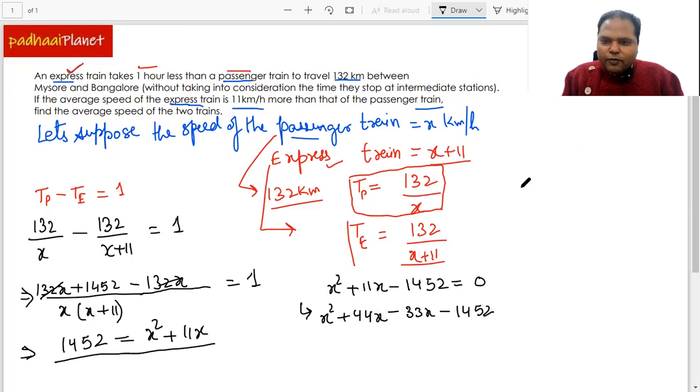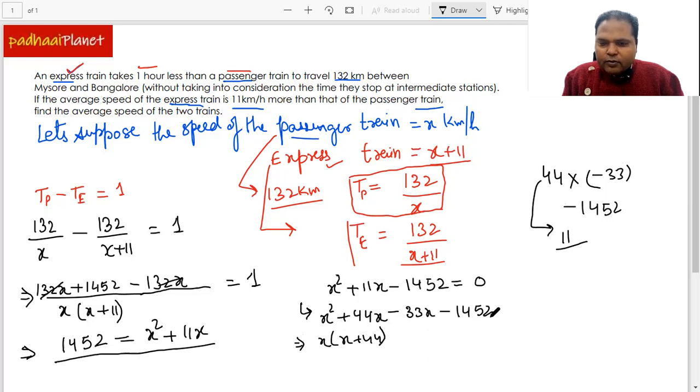If we multiply 44 with negative 33, we get negative 1452, and if we add these two, we get 11, which satisfies our split requirement. Now we take x common, so we get x plus 44 from the first group, and negative 33 times x plus 44 from the second group, all equal to 0.